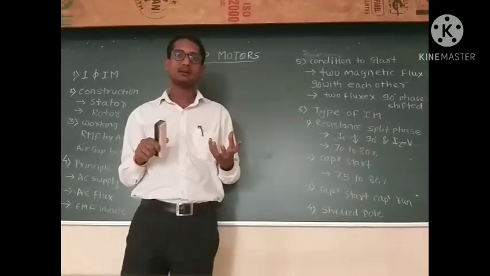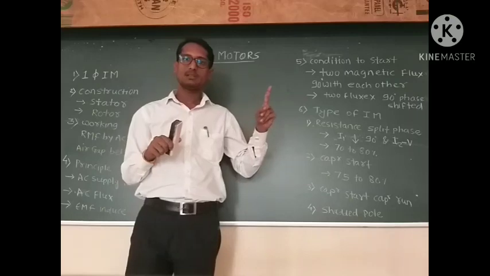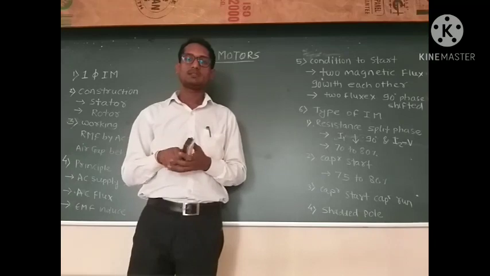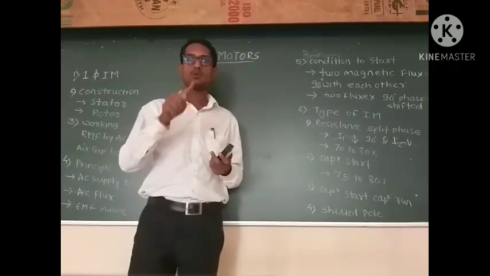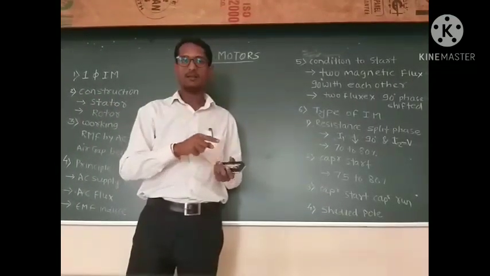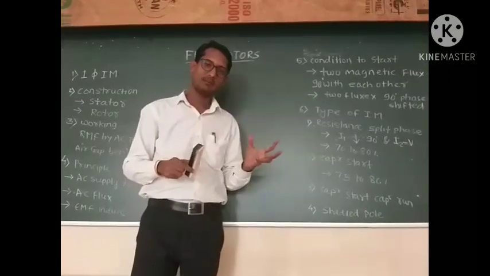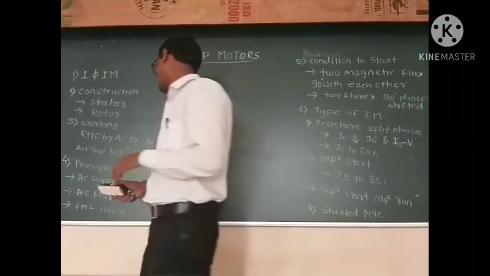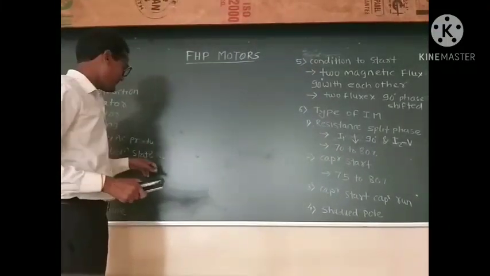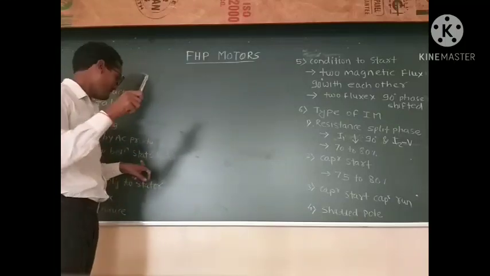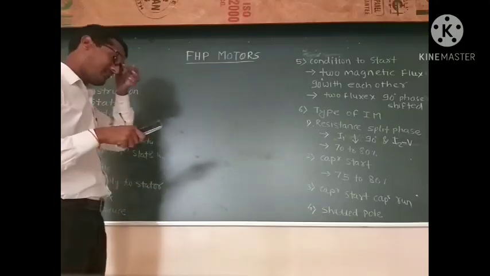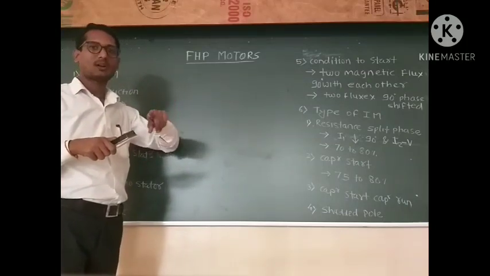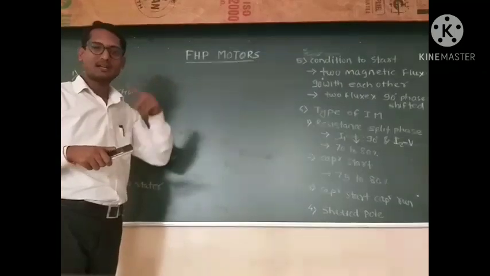When electrical AC supply is given to the stator winding of the motor, it produces a tremendous amount of magnetic flux, and this flux travels across the gap between the stator and the rotor, and this flux is called RMF, that is, rotating magnetic field.